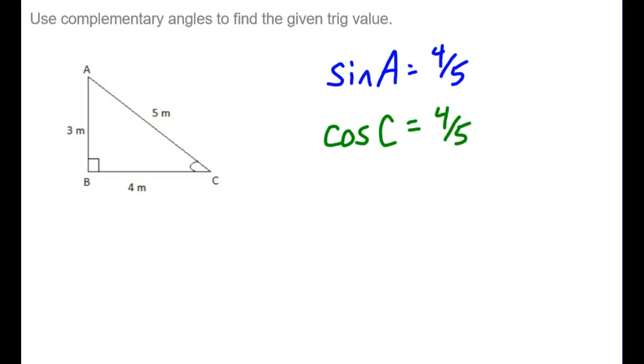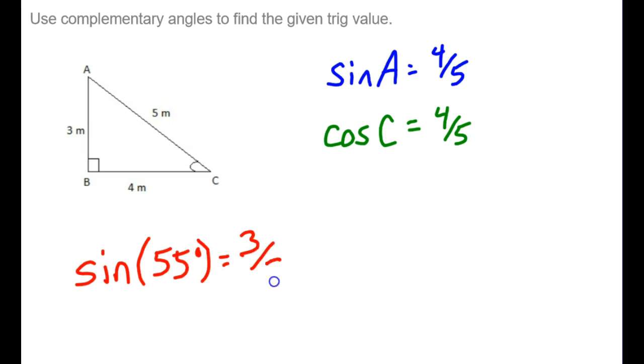So using that information, we can take this a step further. If I told you that the sine of 55 degrees is equal to 3/7. From that information, we would be able to determine that the cosine of some angle is also equal to 3/7. Okay, so the cosine of what angle value now?